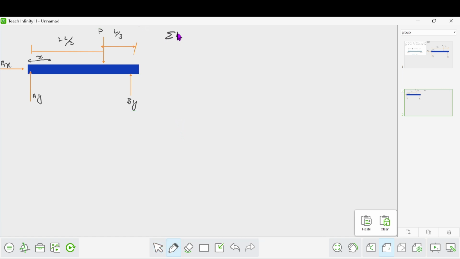So summation of Fx equal to 0. So Ax is equal to 0, and summation of moment at point A equal to 0. The force which rotates the beam anticlockwise will be taken as positive.